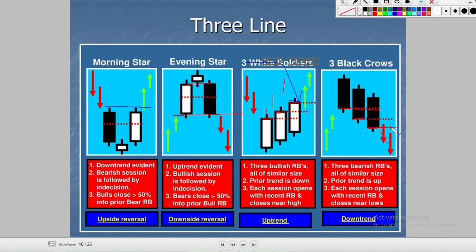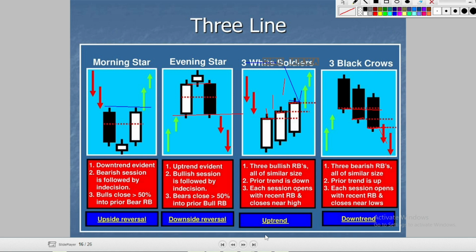You can wait. The more you wait, the more accurate your strategy is. So this marks a down trade, this marks an up trade, this is a down trade with a reversal, this is an upside reversal.